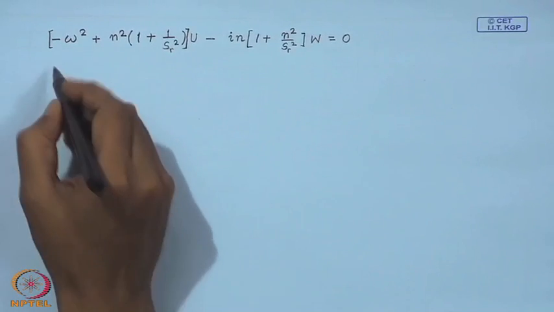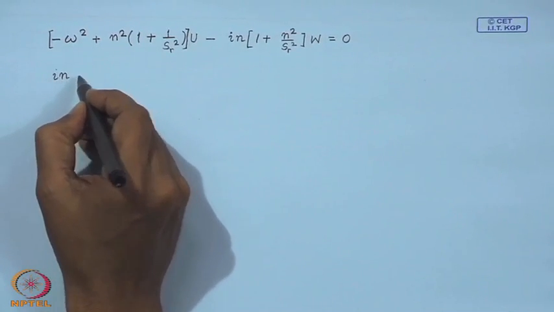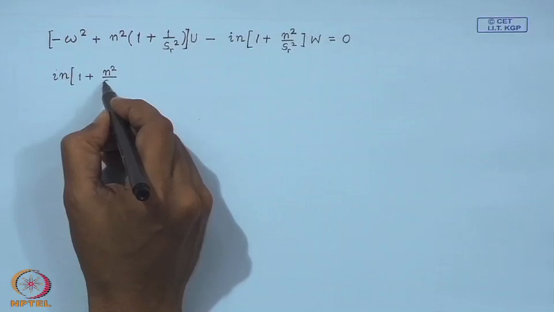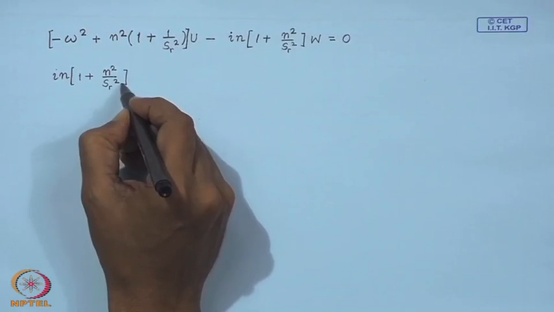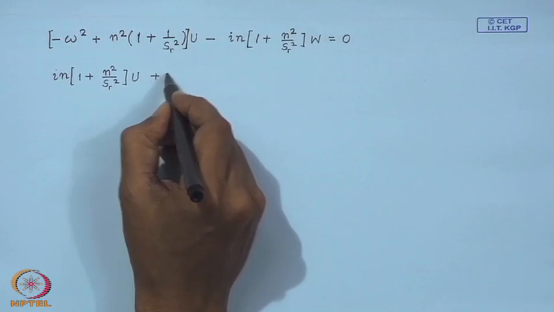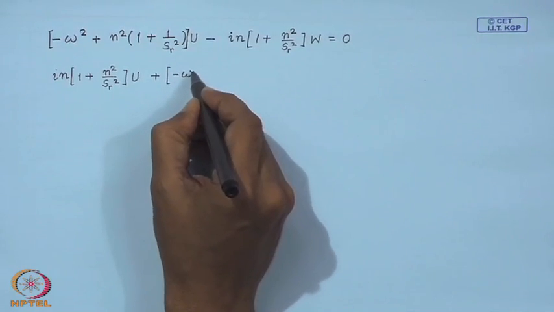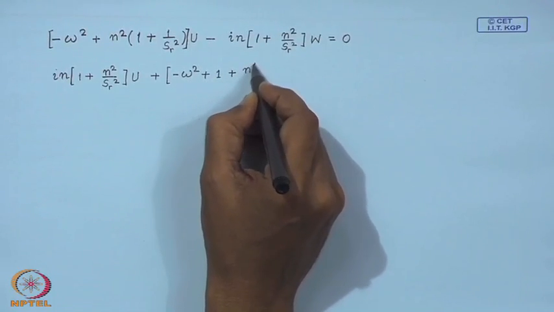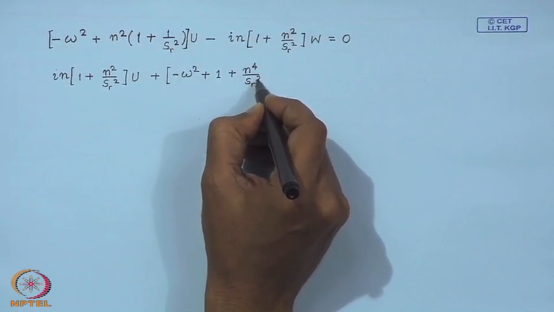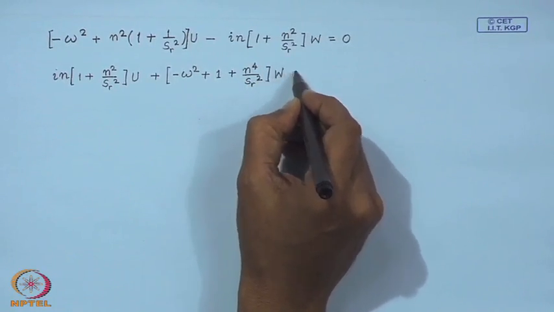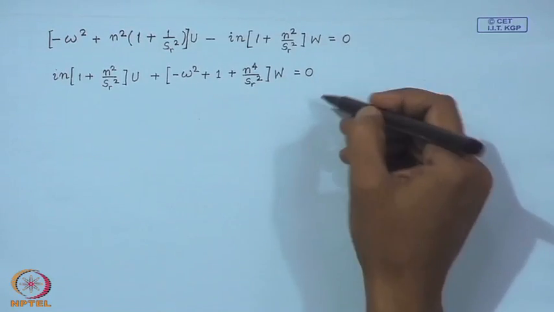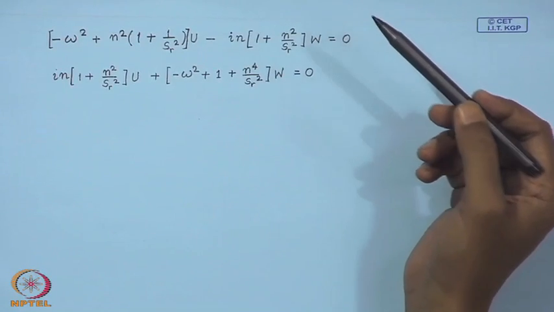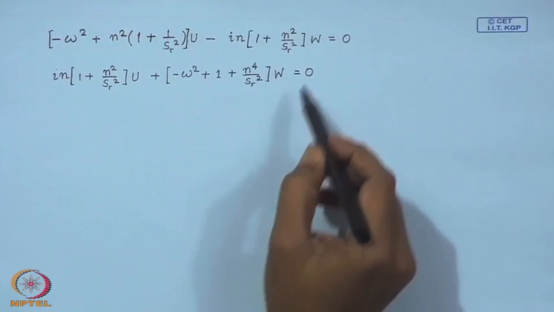so this is the first equation. The second equation reads as follows. So, these are the two equations that we obtain by substituting the modal solution form in the equations of motion.